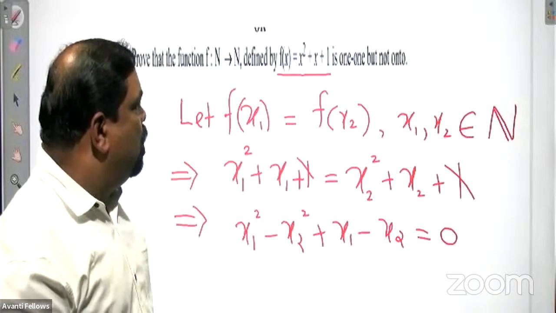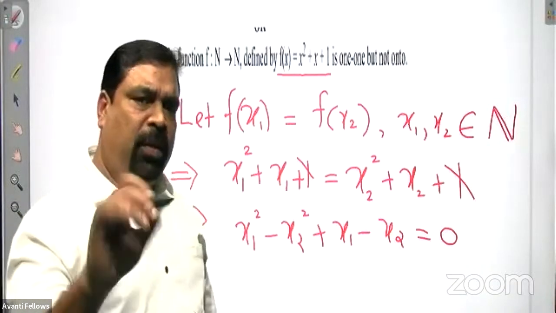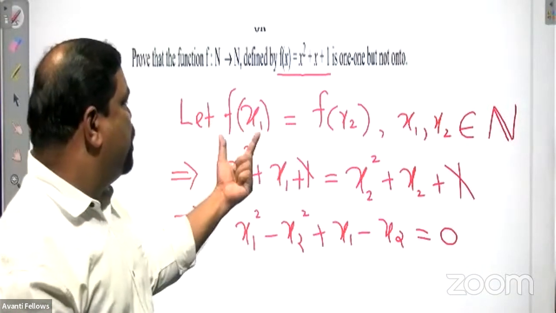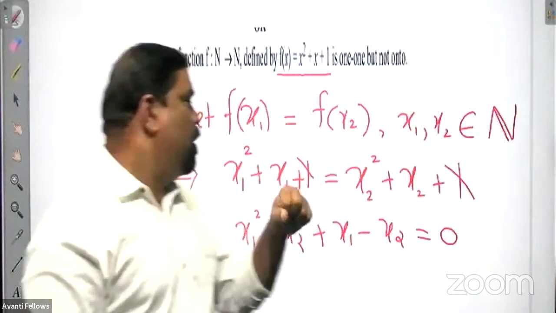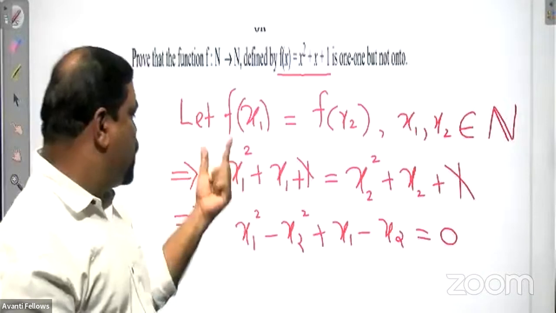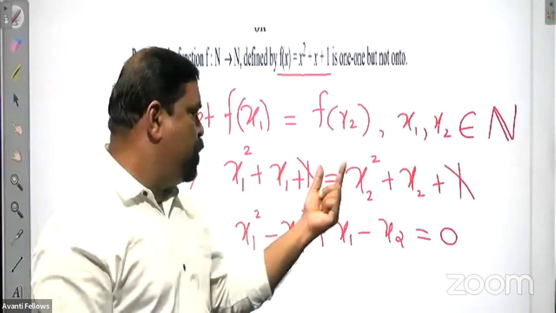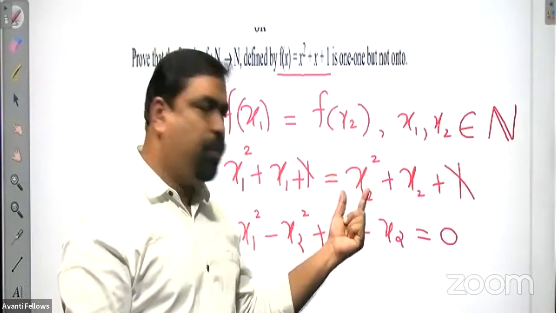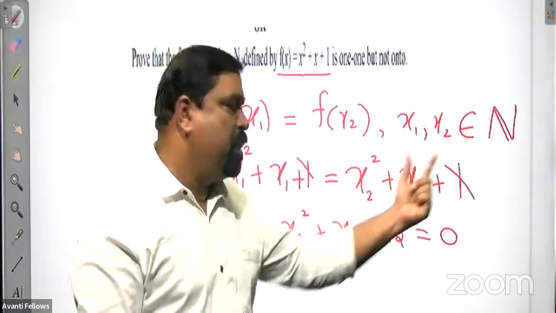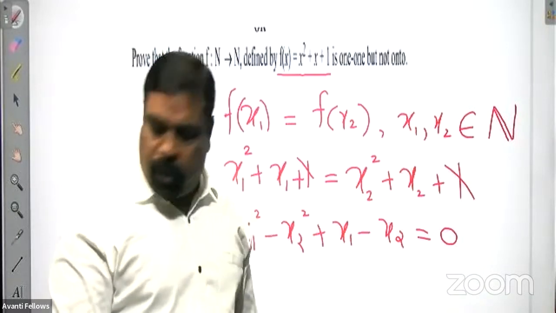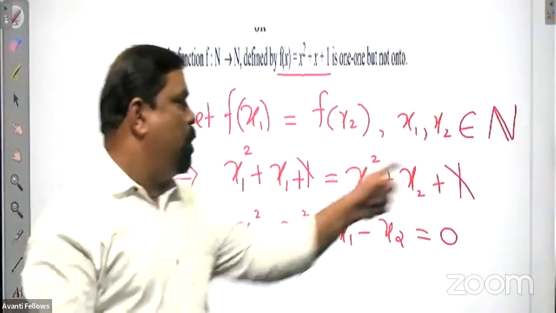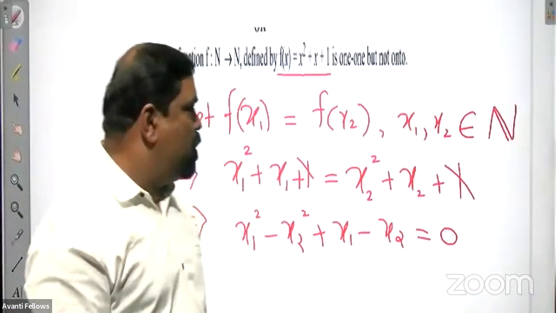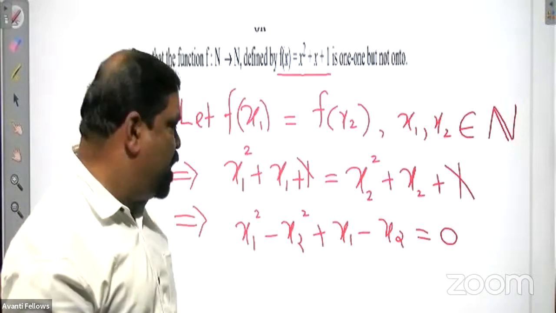So for that, to prove a function is one-one, the method all of you may be knowing. Let f of x1 equal f of x2, where x1 and x2 belong to the domain that is N. So f of x1 stands for x1 square plus x1 plus 1, and f of x2 stands for x2 square plus x2 plus 1. Isn't it? Then 1 is common for both sides, so 1 can be cancelled from each side.